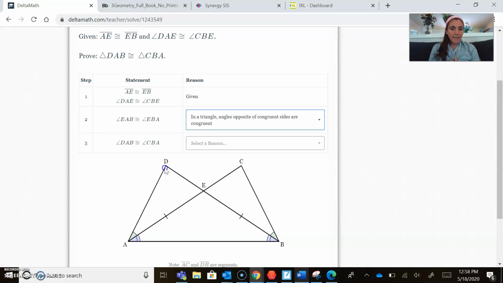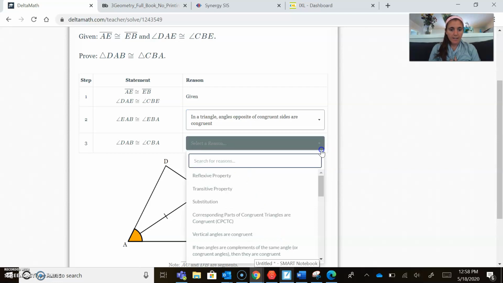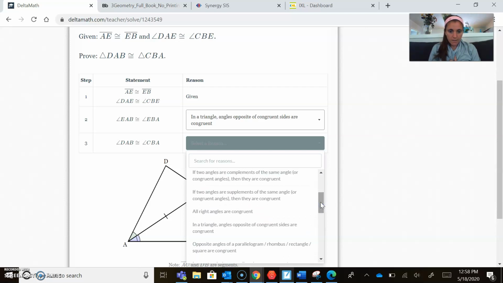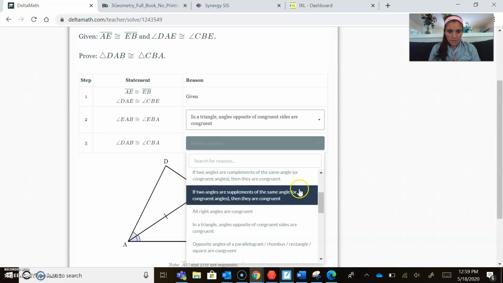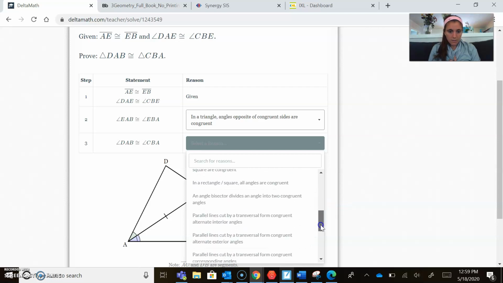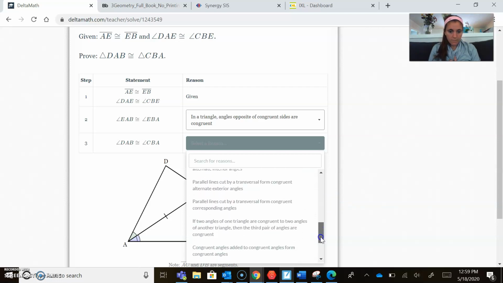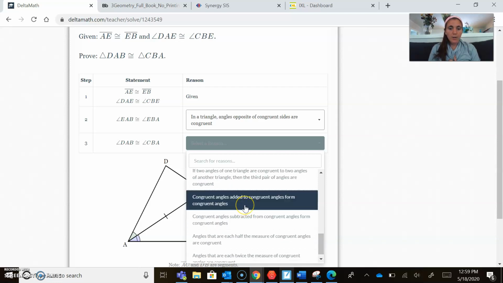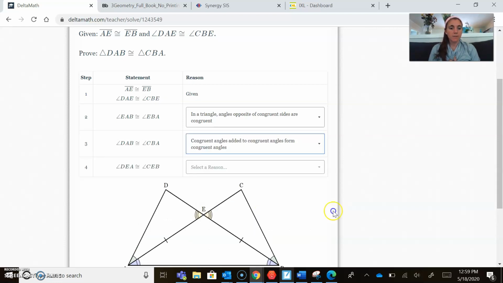All right, then they're saying that DAB would be congruent to CBA. Congruent angles added to congruent angles form congruent angles.